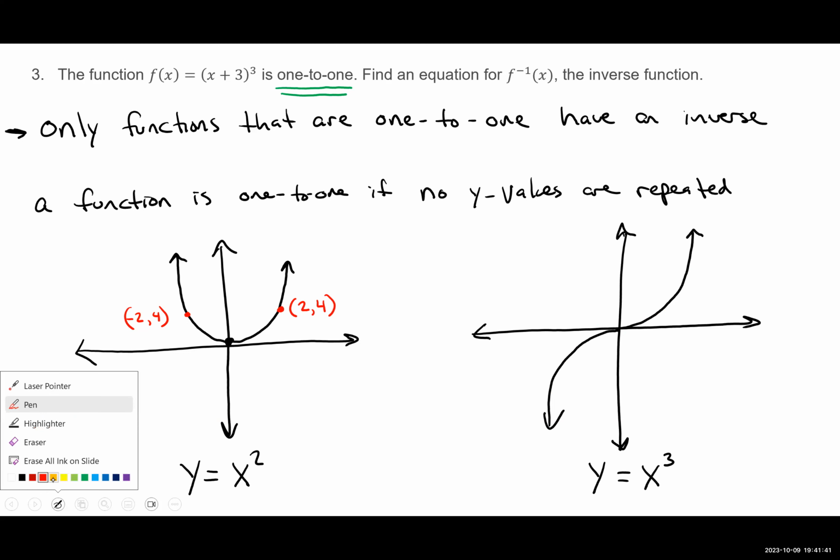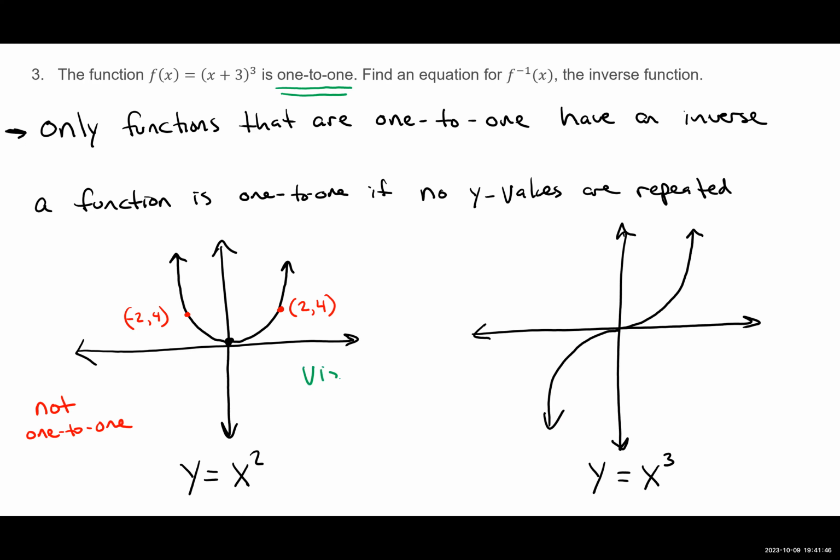So a visual test for whether or not a function is 1 to 1. If the function is not 1 to 1, then it does not have an inverse. It can't be undone.